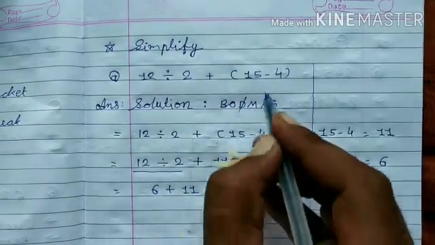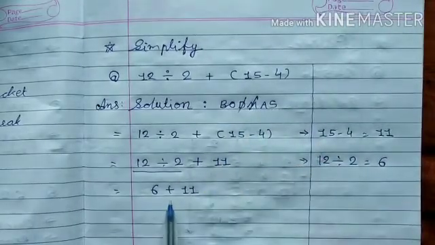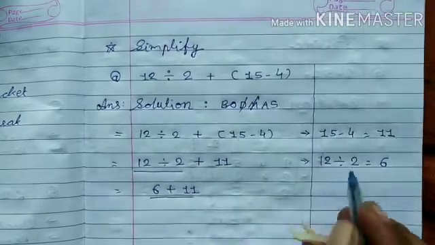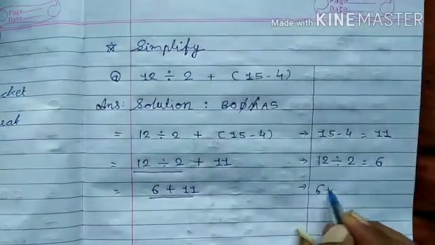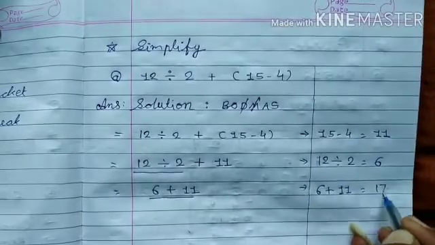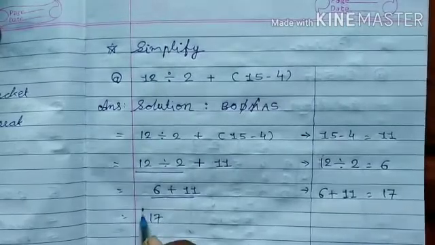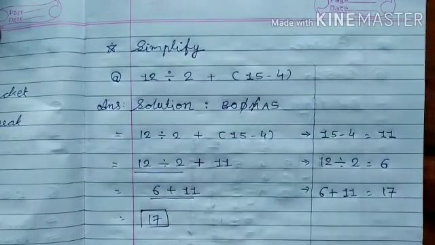But we do not have multiplication, so I will cut multiplication. Addition. So yes, we have addition. So copy the sum here: 6 plus 11 is 17. So this is your final answer, and keep it in the bracket, right?